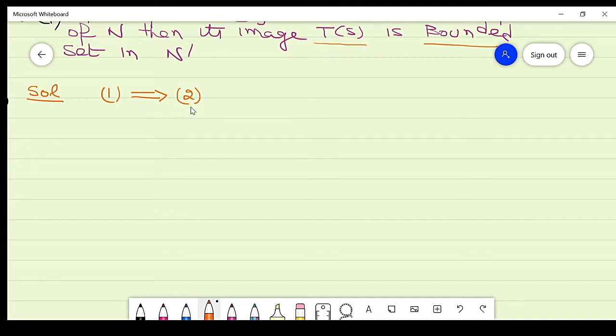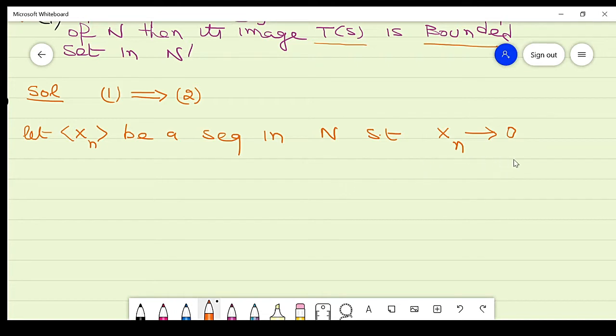My purpose is to prove the second statement, that T is continuous at origin. If T is continuous at origin, then it means I will take some sequence xn in N such that xn approaches 0, right?